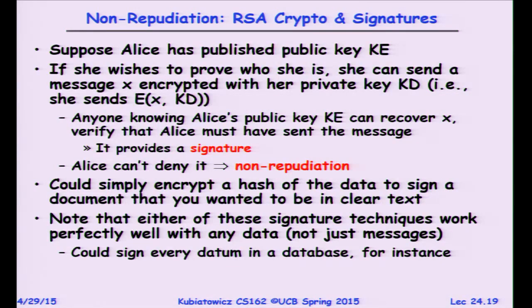Yeah. I don't really get how this is like non-repudiation. If you wanted to repudiate it, you could give your private key to somebody else. Okay, so the non-repudiation part is under the assumption that you've not done that. That's right.